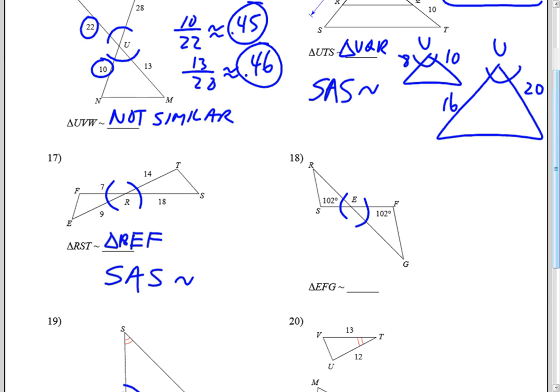What is it? It's AA. And triangle EFG would be ESR.